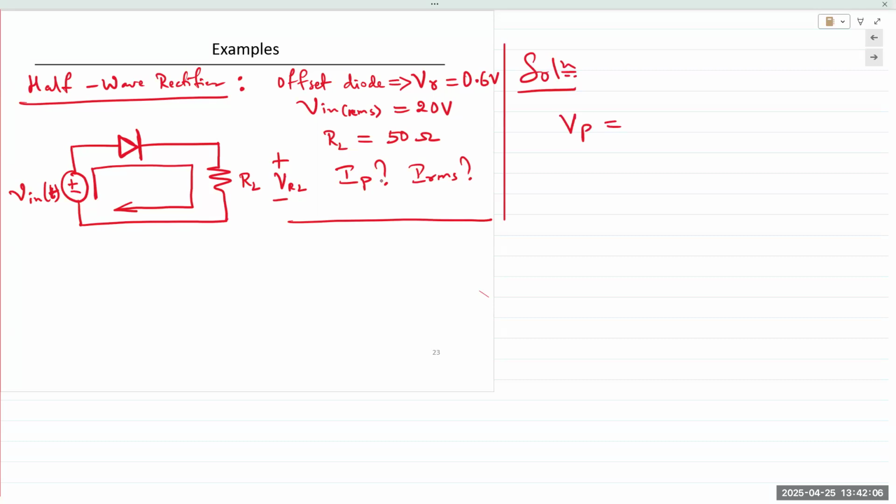So V in or VP is √2 times V in, which is in RMS. So VP is √2 times 20. Therefore, the peak value of the voltage is 28.2842.